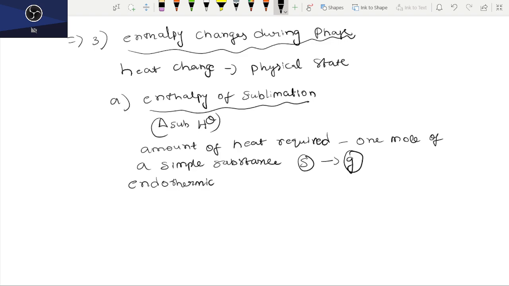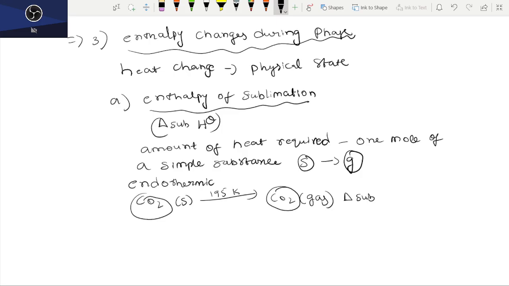Now, one more point I would like to tell you. It is generally represented by CO2. CO2 will be converted into the gaseous state from the solid state when energy is applied at 195 Kelvin. Now, one form of a compound is transformed into another form because of the application of energy.